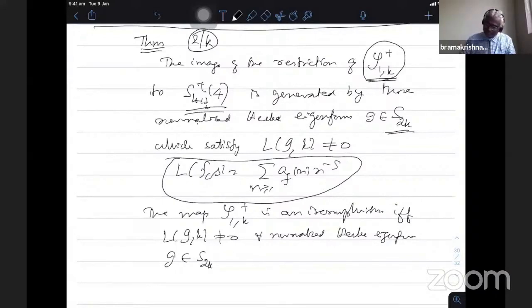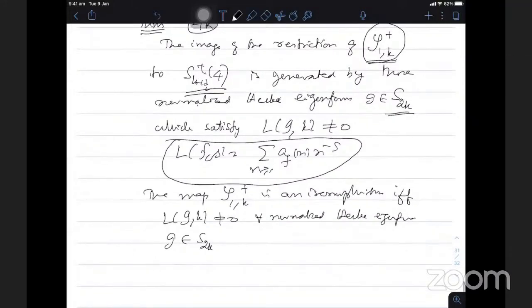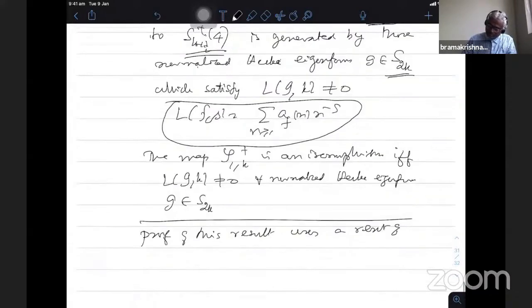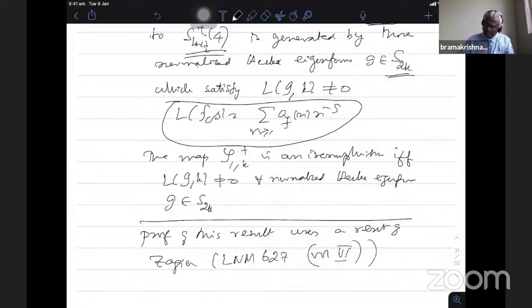Okay. So the proof of this result uses a result of Zagier. If you refer to Lecture Notes in Mathematics, I think 627, which is the volume Modular Forms of One Variable VI, he generalizes the idea of Rankin.